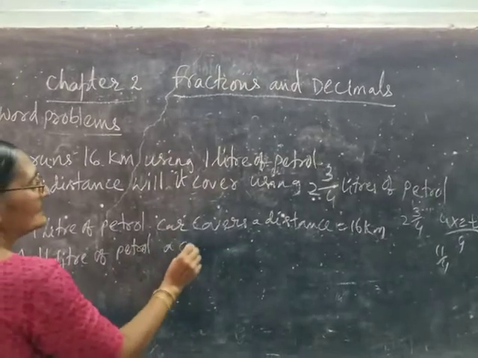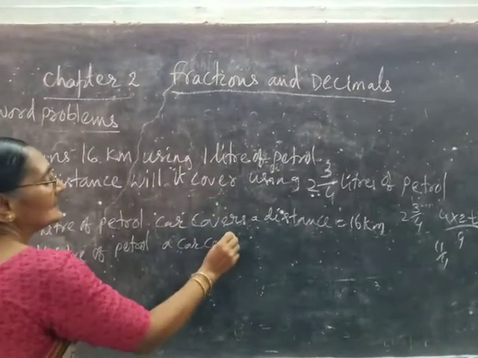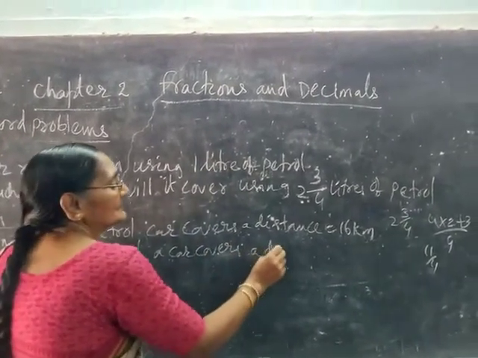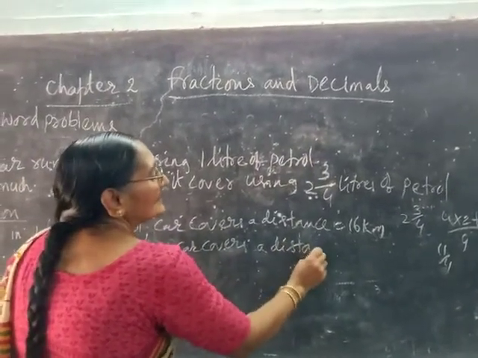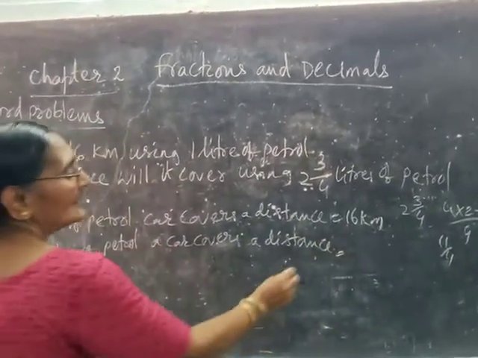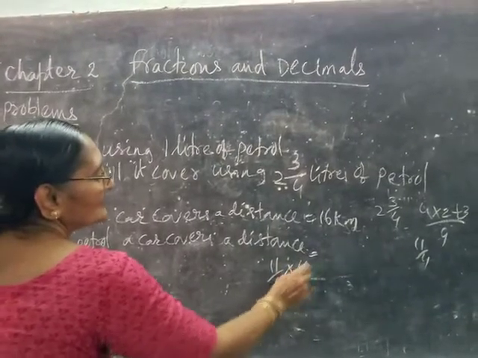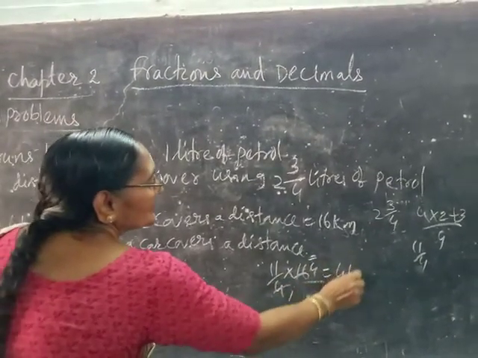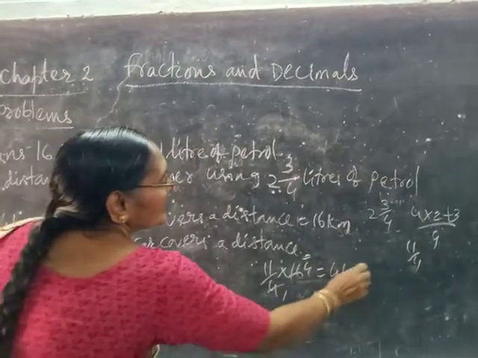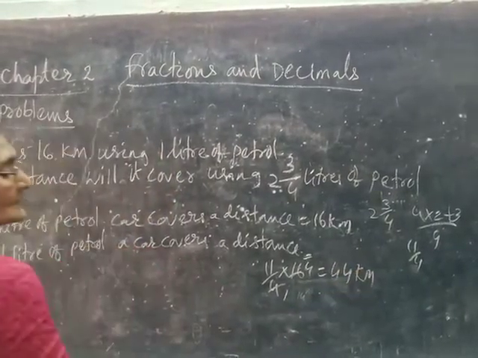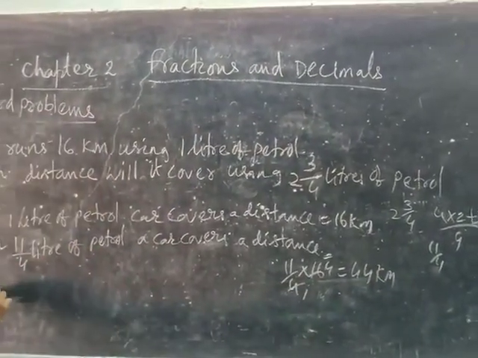The car covers a distance equal to 11/4 into 16. 4 fours are 16, so 11 times 4 equals 44 kilometers. Do you understand now?